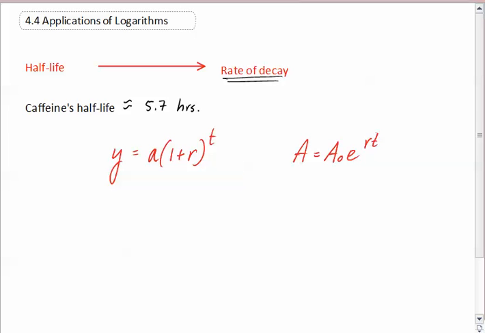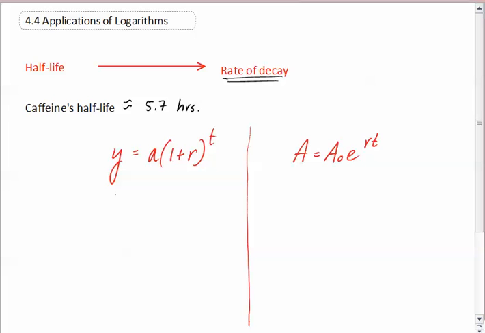And we're going to find out that those formulas will give you roughly the same answer. We'll take a look at that in just a minute. But I'm going to do this two ways. We're going to get the rate of decay using both formulas, the rate of decay for caffeine in the bloodstream. All right, let's take a look.